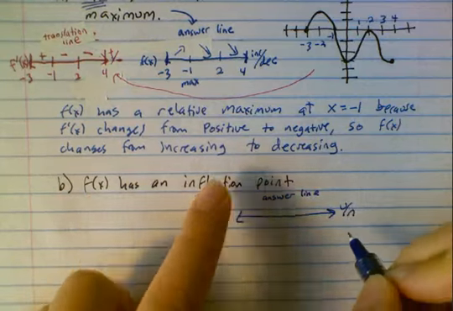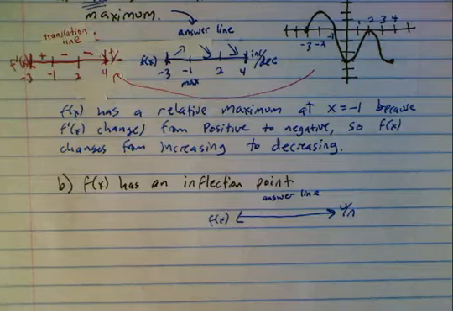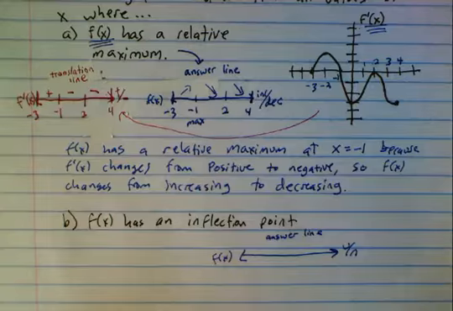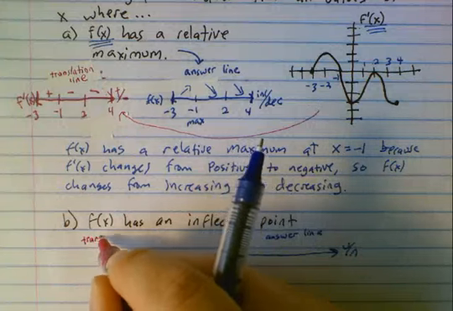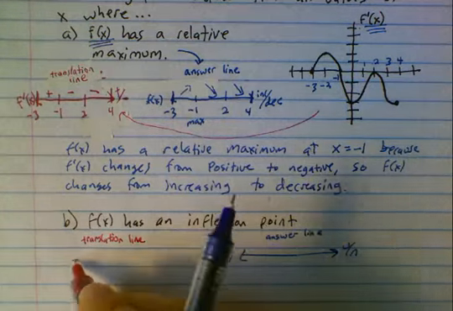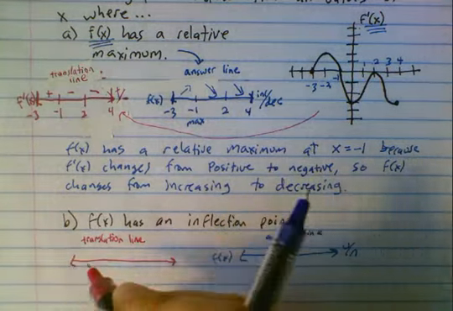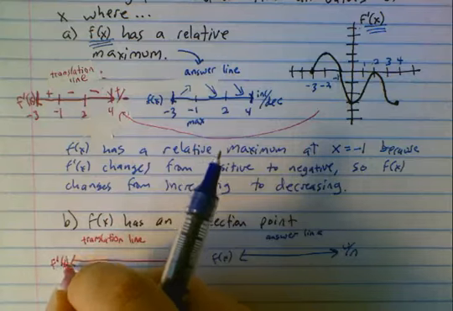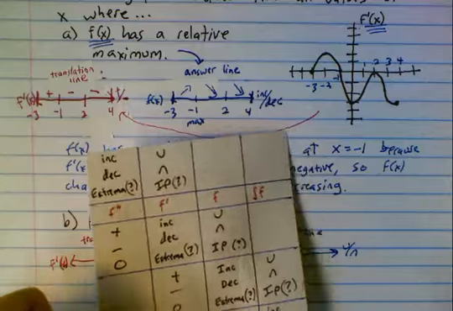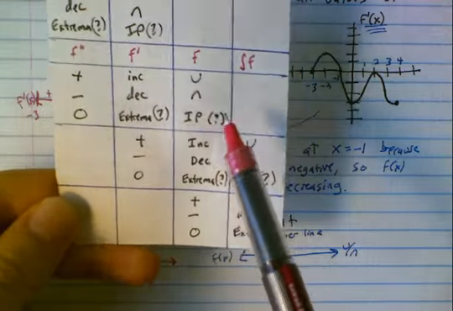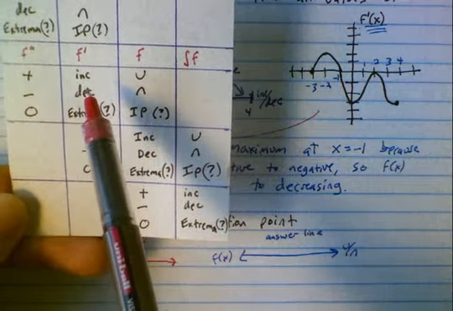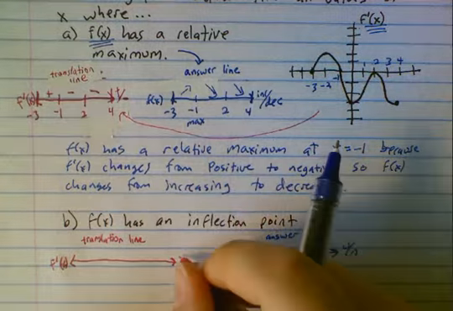Inflection point occurs on the concave up, concave down line. We're given f prime of x, so our translation line, or our given line, whatever you want to call it, is f prime. And we know that to translate from concave up, concave down in f to f prime, that's increasing, decreasing.